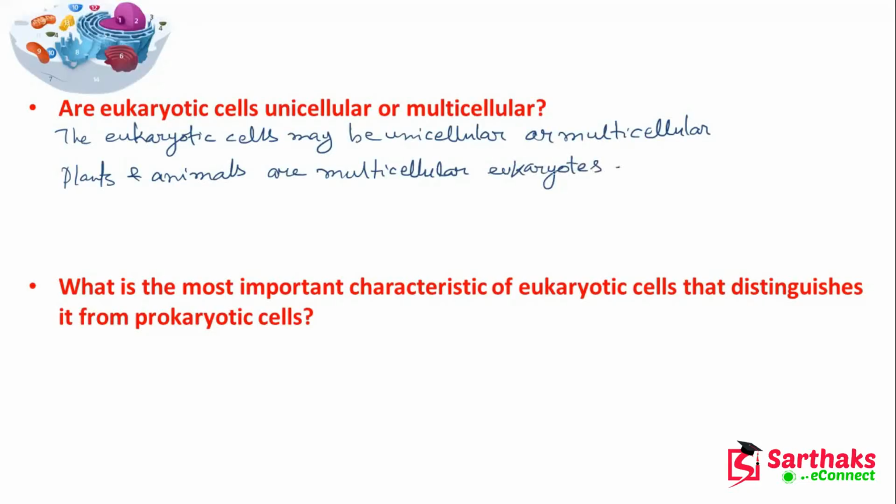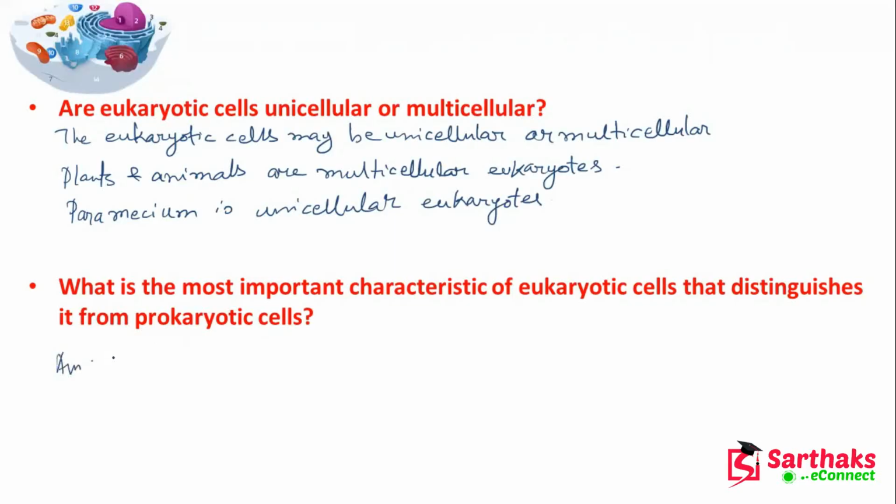But if you see Paramecium and Euglena, those are unicellular eukaryotes. So you can give the example of that also: Paramecium is a unicellular eukaryote.